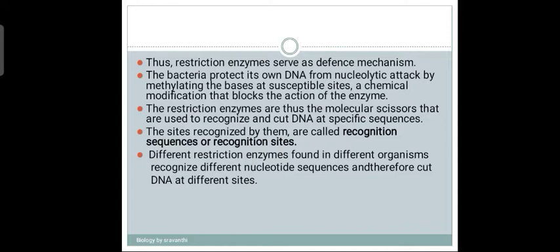Only at a particular recognition site does the enzyme come and cut the DNA strand. Different restriction enzymes are present in different organisms, recognize different nucleotide sequences and cut at different sites. So this is about restriction enzymes.